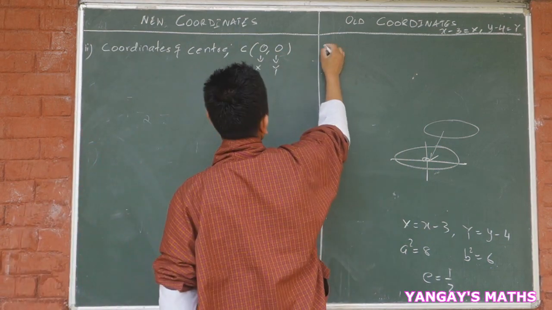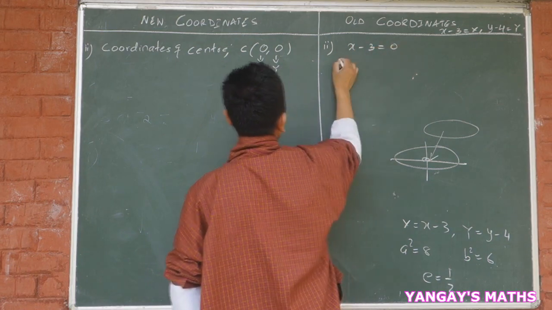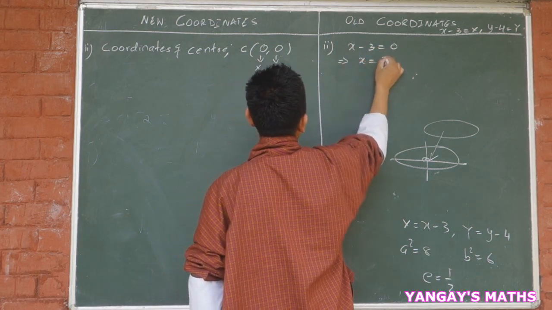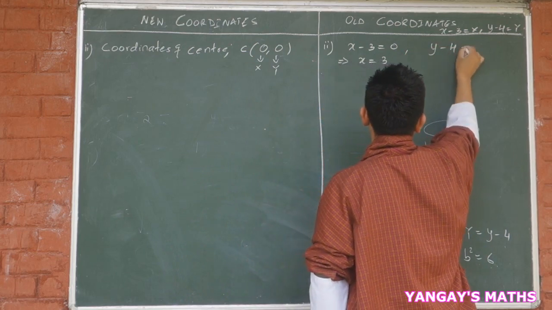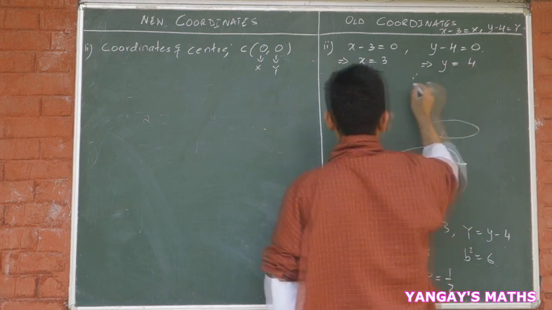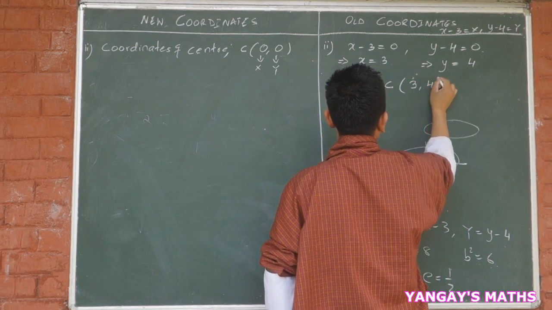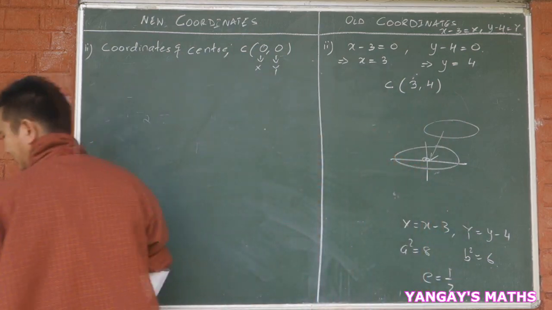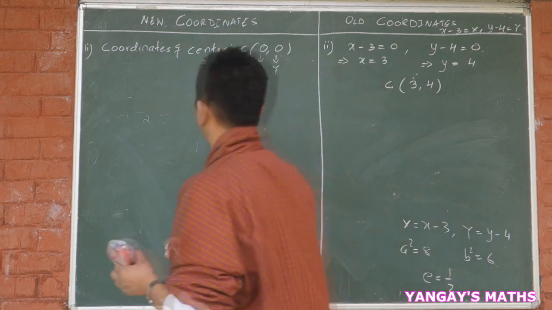Substitute there, we have number 2, X minus 3 is equivalent to 0, implies X is equal to 3. Similarly, Y minus 4 is equal to 0, implies Y is equivalent to 4. The center of this ellipse is 3, 4.